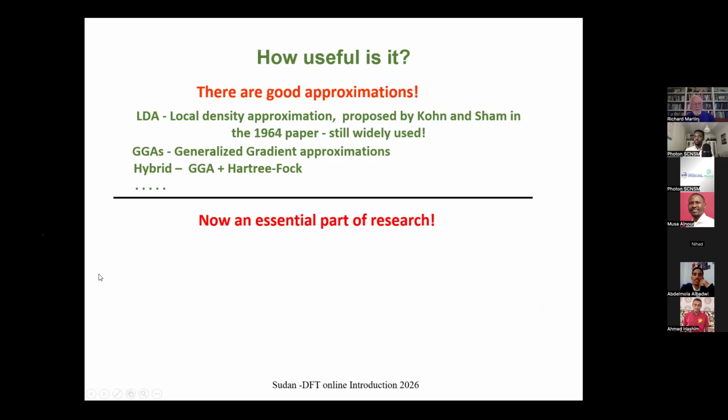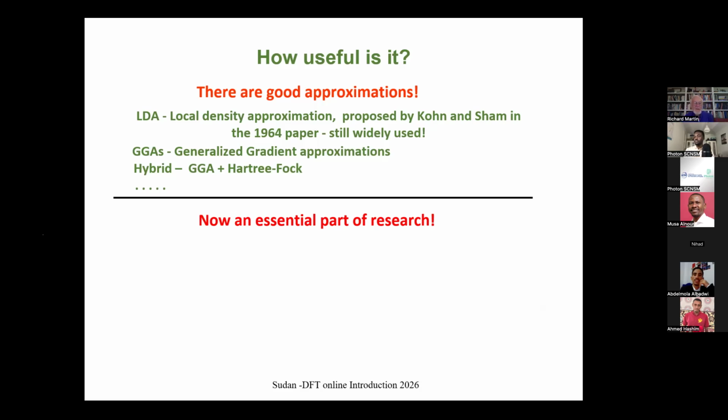So, how good? The local density approximation just uses information from a homogeneous system of electrons that we know a lot about from calculations of that problem, and applies it to other things like atoms and molecules. And it's actually very good.